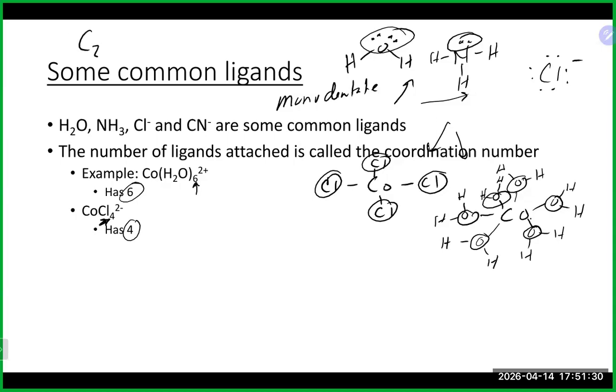Our friend oxalate, for example, is referred to as bidentate. What that basically means is you get a 2-for-1 deal with oxalate. So if you had a metal and you drew oxalate, it looks something like this, perhaps.